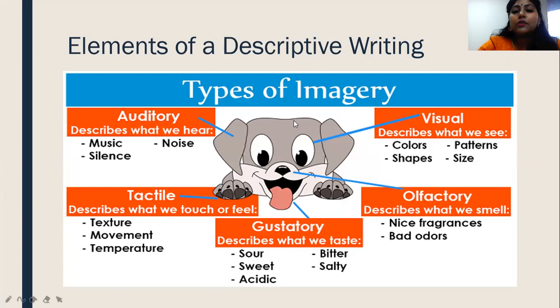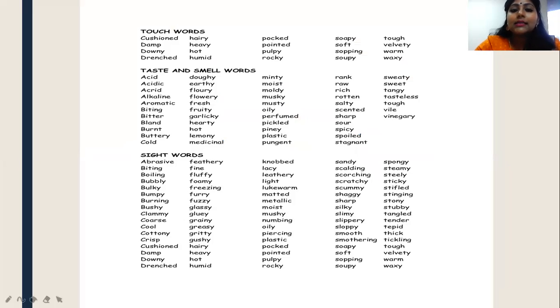It's very important for the students to come up with words related to the sensory details: sense of sight, sense of hearing, sense of taste, sense of smell, and obviously sense of feel. That means touch. Okay, and these are some of the examples of touch words, taste words, sight words, which the students can use according to the requirement of the topic.